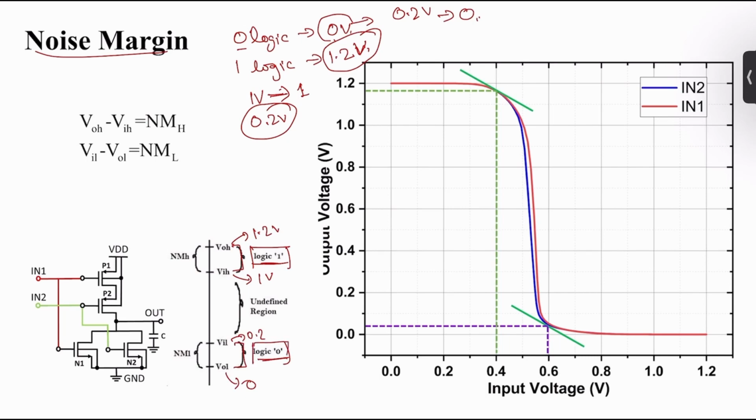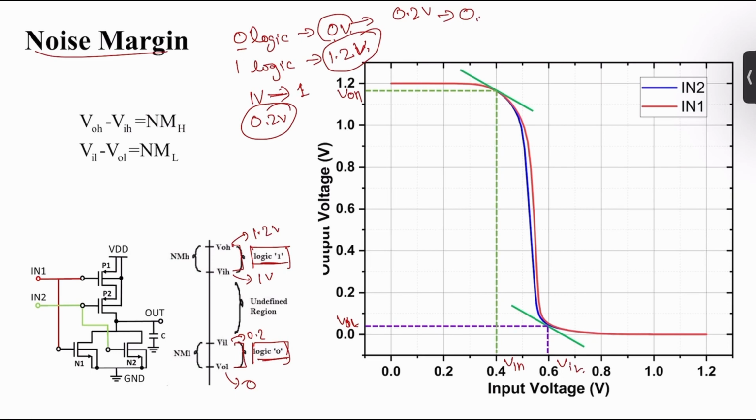What is this noise margin? Here we can see this is VOH and VIH, and this is VIL and VOL.